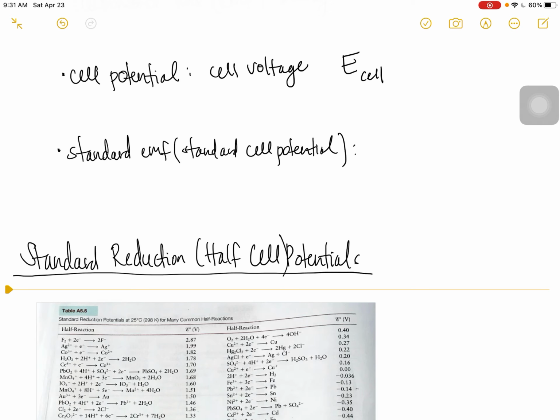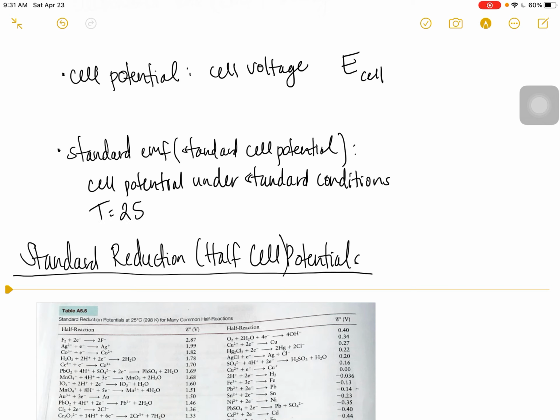And then we have what we call standard EMF or standard cell potential, or standard voltage. And this, as you might guess, is the cell potential or the voltage under standard conditions. We have lots of discussion about standard conditions. It's a temperature of 25 degrees Celsius. Our table that we're going to look at even says that.